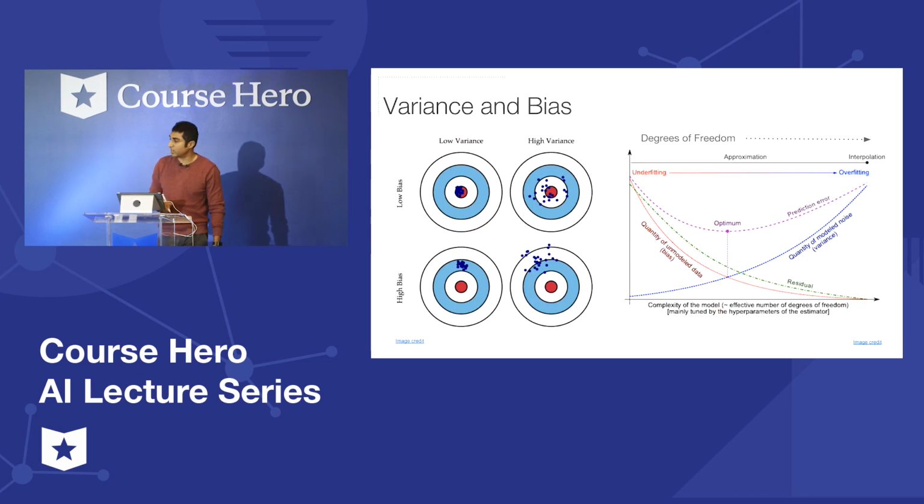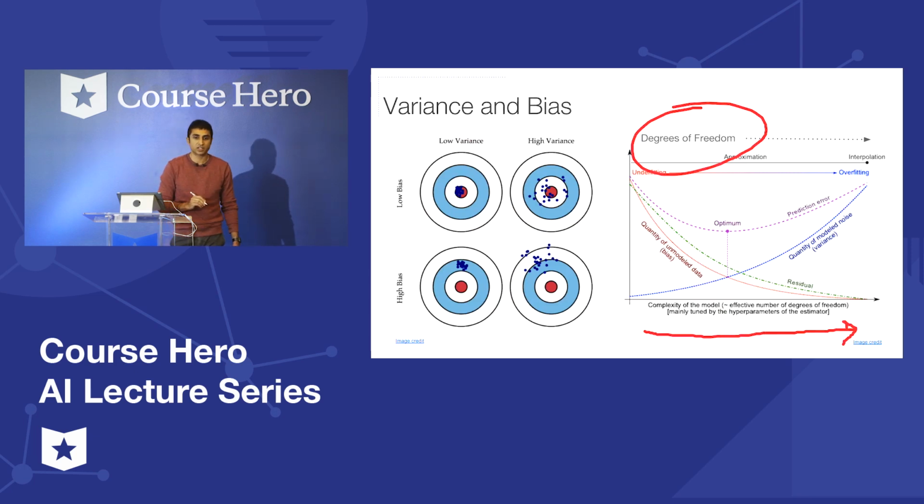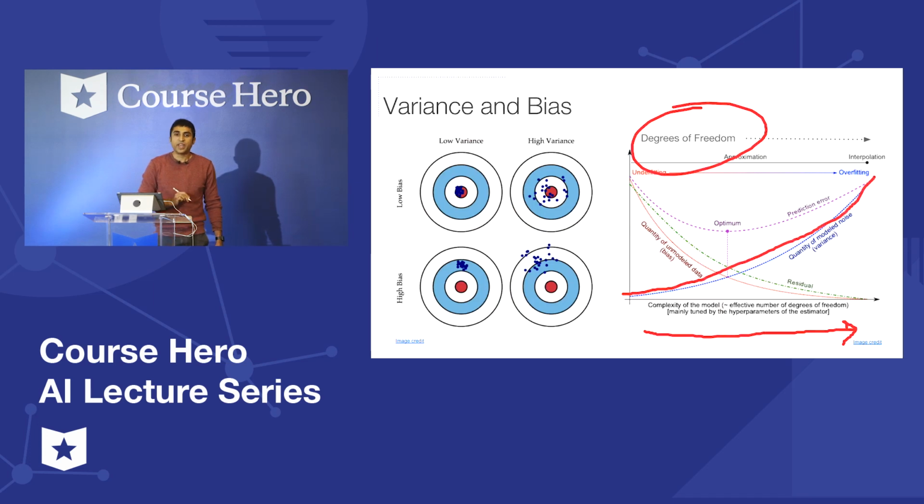Now what is this curve? This curve actually talks about a concept called degrees of freedom, right? We'll understand what this degree of freedom is, but notice that as the complexity of the model increases, that means as the degrees of freedom of the model increases, the variance increases. That means the ability to learn everything about the noise within the system also increases.